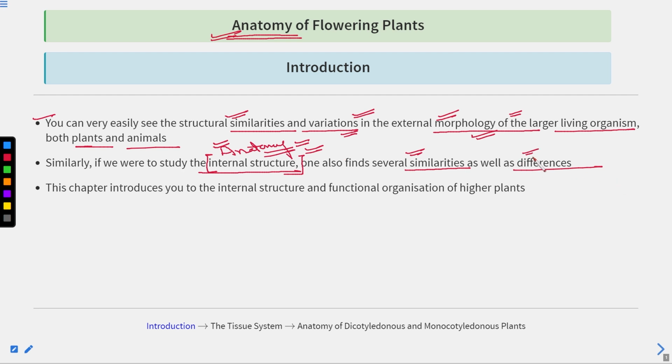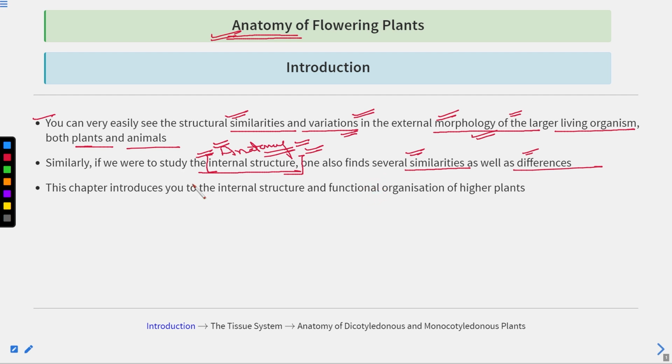You can make out that some particular structures are found in a certain type of plants only, and there are certain structures that are present in almost every plant, right? So on the basis of anatomy, you can find certain similarities and dissimilarities, or differences, in plants and animals.